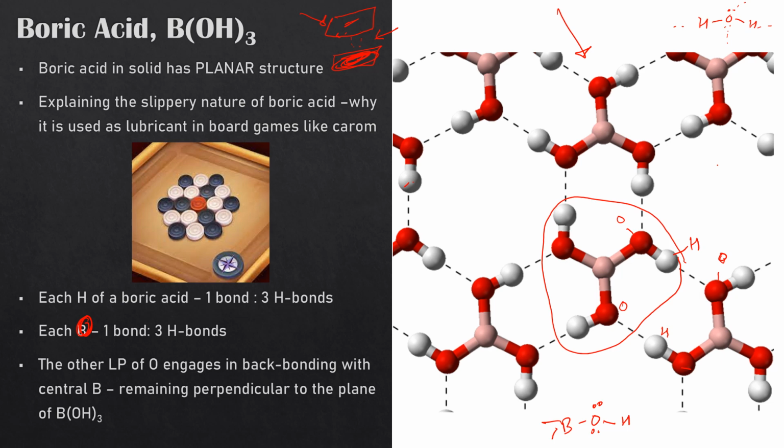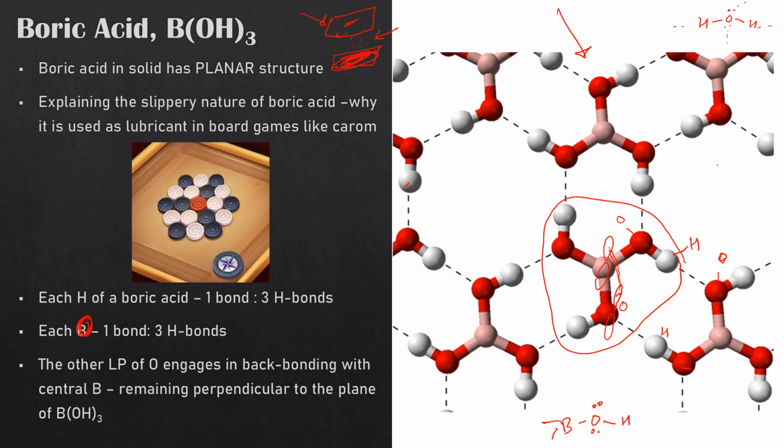So if it is going to be flat, let us say in this oxygen one lone pair is present in an orbital which coincides with the empty orbital of this boron. There is no electron present, so back bonding can happen.